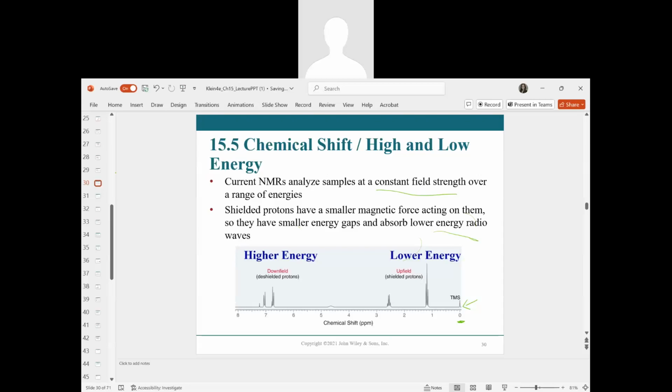We have our upfield or shielded protons that are producing these lower ppm signals, and then we have our deshielded protons occurring in this range, so closer to 6, 7, 8 ppm. So again, the higher energy we refer to as being downfield and lower energy being upfield.